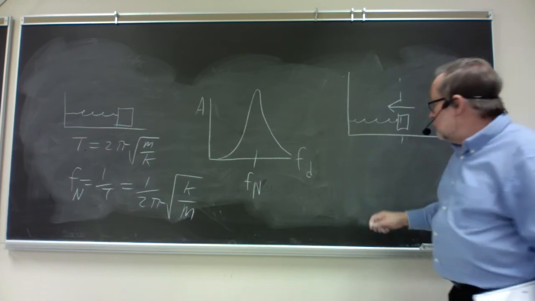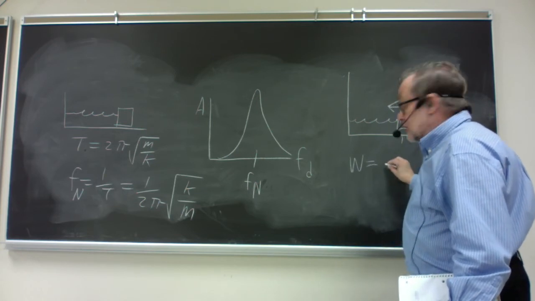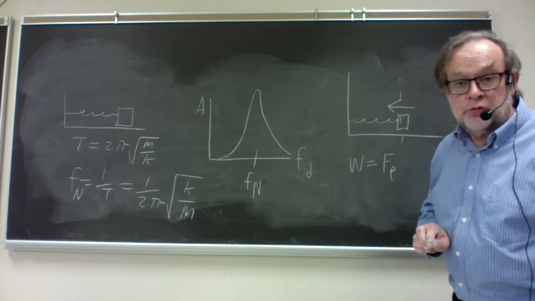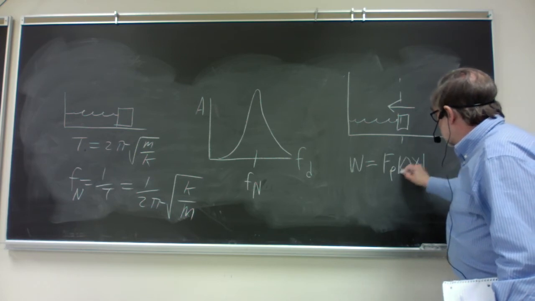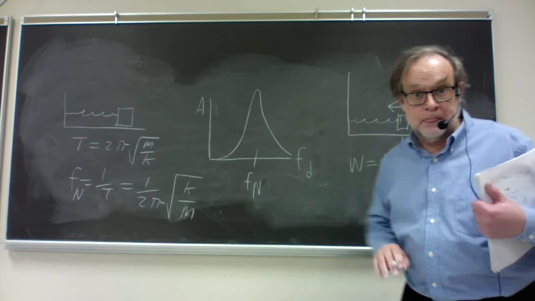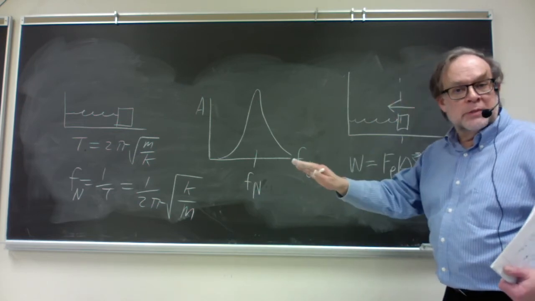What kind of work am I doing? Well, remember the equation. Work is just the magnitude of my pushing force times the magnitude of the displacement that the mass goes through while I'm pushing, times cosine of the angle between the displacement and the push.